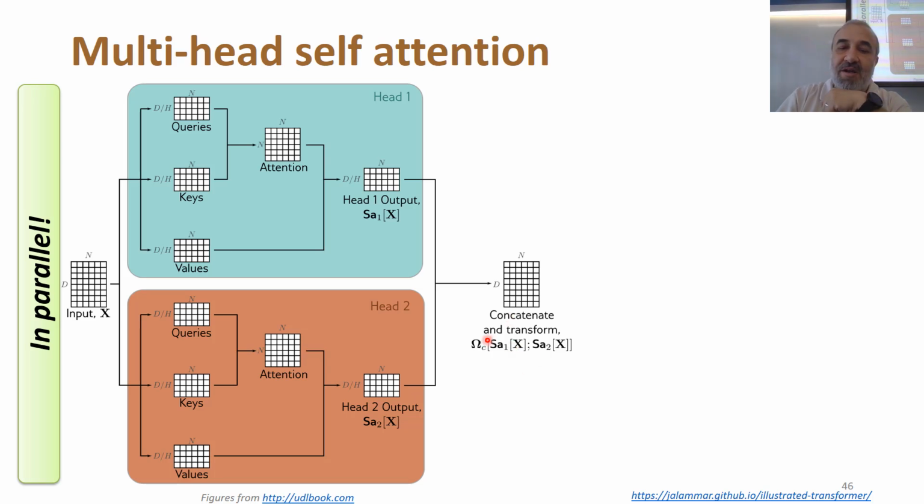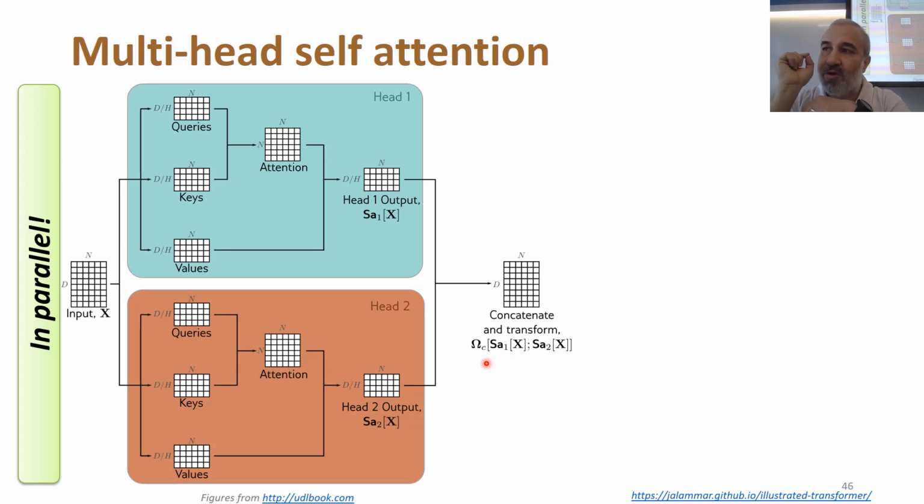So there is another learned weight, the concatenation weights, omega c, and of course there is a bias. So you can think of this as a linear layer that is added at the end of the multi-head self-attention to get the final output.